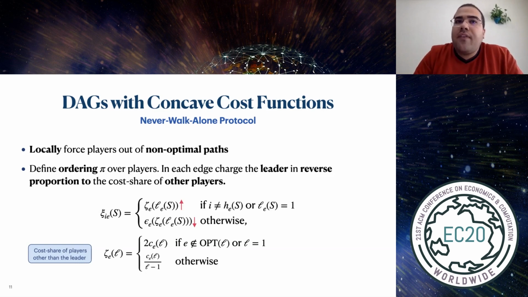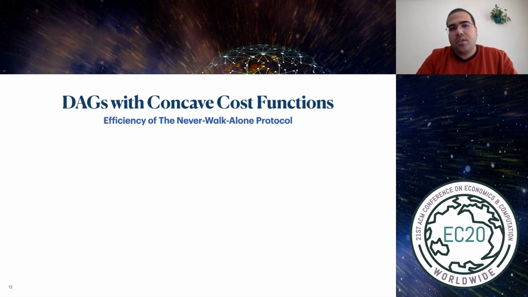In addition, we define epsilon sub e in a way that the leader pays an extremely small cost that is in reverse proportion to the cost share of the other players. As you see here, we have a big amount of overcharging, but this just happens in non-optimal edges or in the case that we have only one player present in the game. So this overcharging does not make the protocol inefficient.